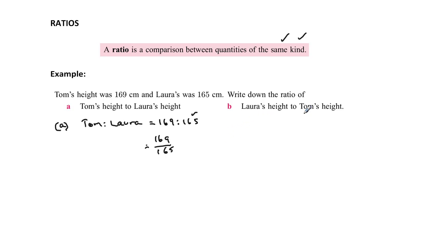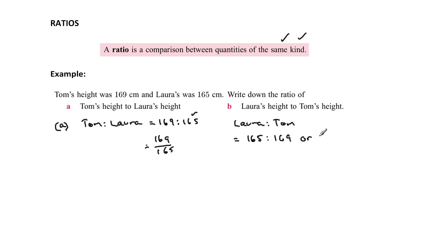Now let's have a look at Laura's height to Tom's height. Just reverses. So order is very important. So we put here Laura first, followed by Tom. And in the same way, the height would then be for Laura 165 and for Tom 169, which can also be written as a fraction.